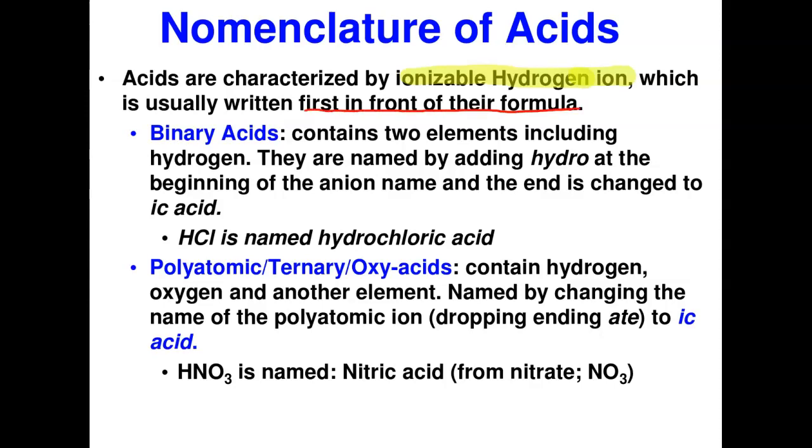Anytime you see a molecule with hydrogen first, that molecule is an acid. Now, that will exclude some binary covalent compounds that start with hydrogen. So the hydrogen must be an ionizable hydrogen. But we're going to get into much of this in the later modules of this class.